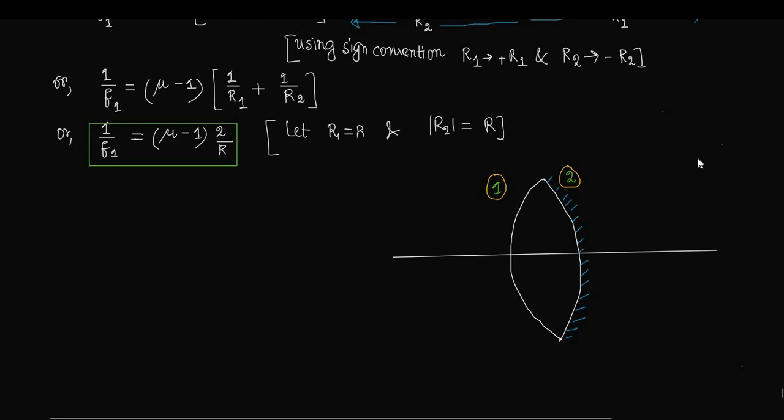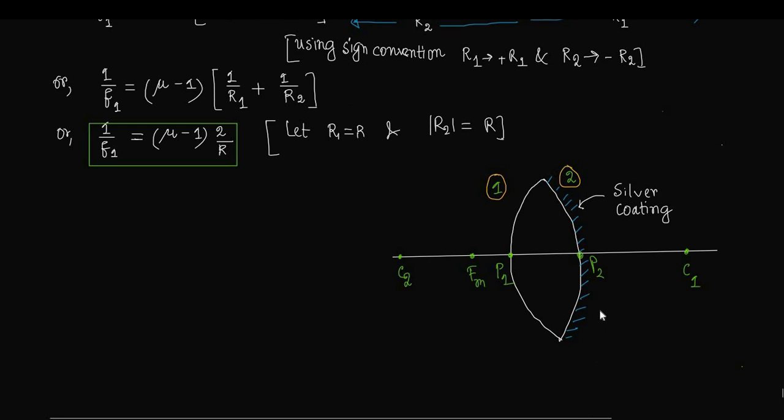This is the principal axis of the convex lens. We can denote C1, the center of curvature of the first refracting surface, and C2, the center of curvature of the second refracting surface. P1 and P2 are the poles of the two refracting surfaces. The second refracting surface is coated with silver, that's why it behaves as a concave mirror.